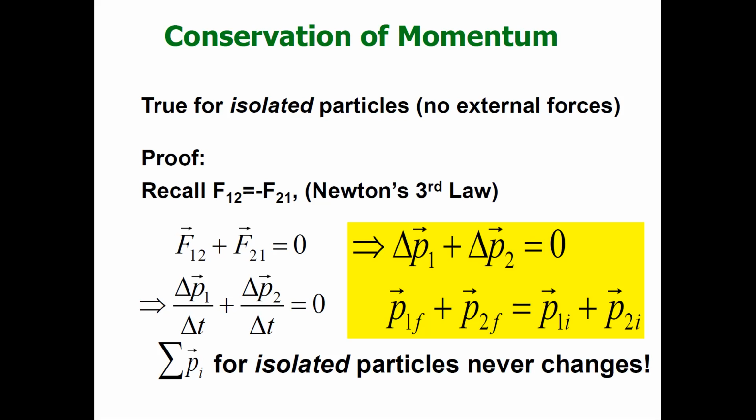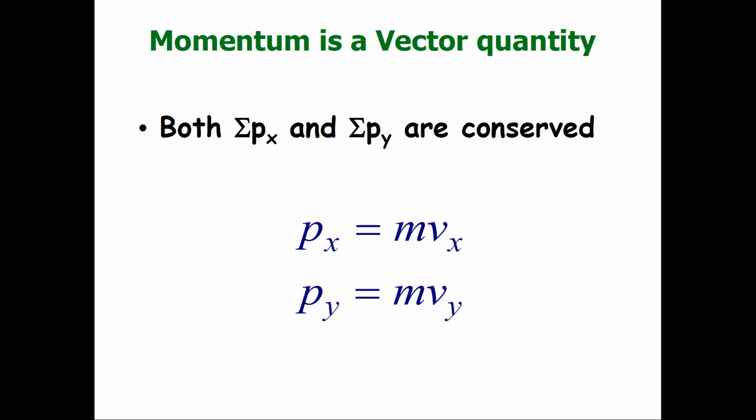For example, if we have particle 1, 2, and particle 2, 1, when two particles come together and collide, they may move together, or they may collide and go in different directions. These two situations still obey the conservation of momentum, as long as there are no other external forces acting on the system.